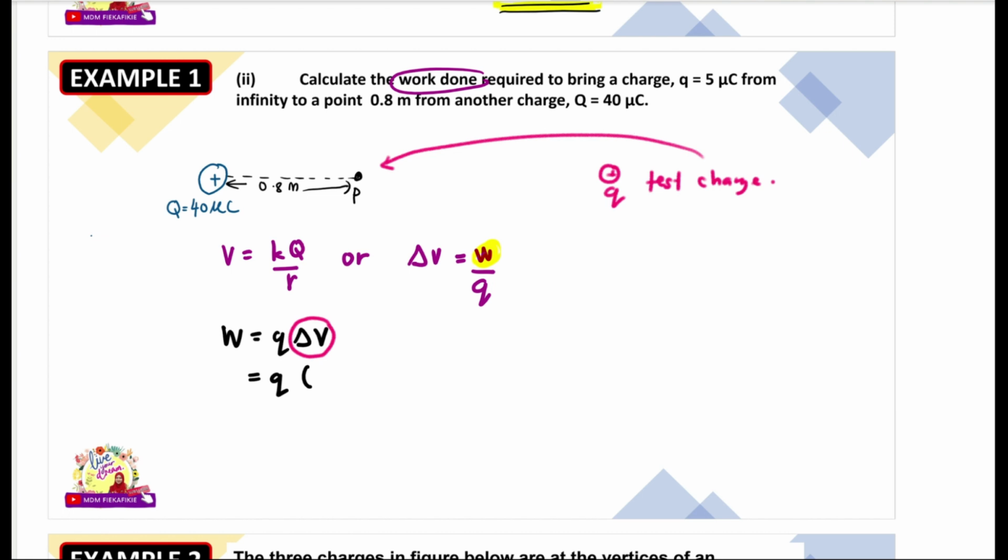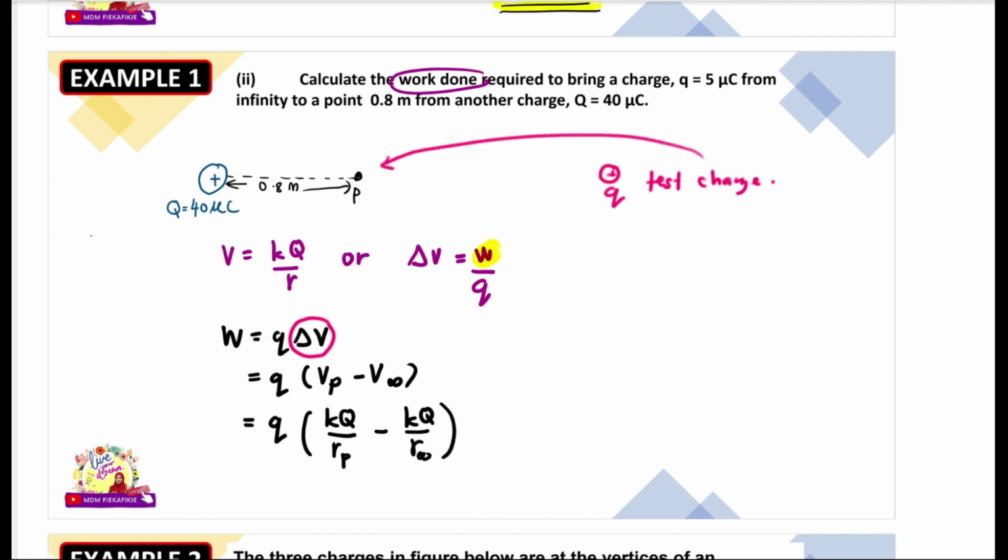So initially position dia adalah infinity and final adalah at point P. So VP minus V infinity. Bila kita substitute dalam equation, kita ada KQ over RP. RP is the distance daripada point P to the point charge, 0.8, minus KQ over R infinity.